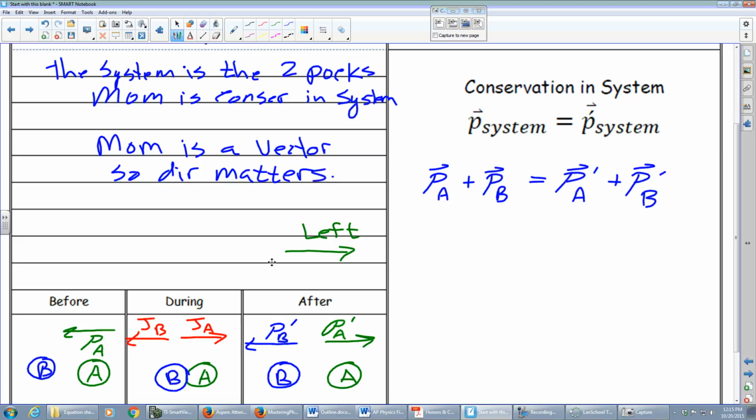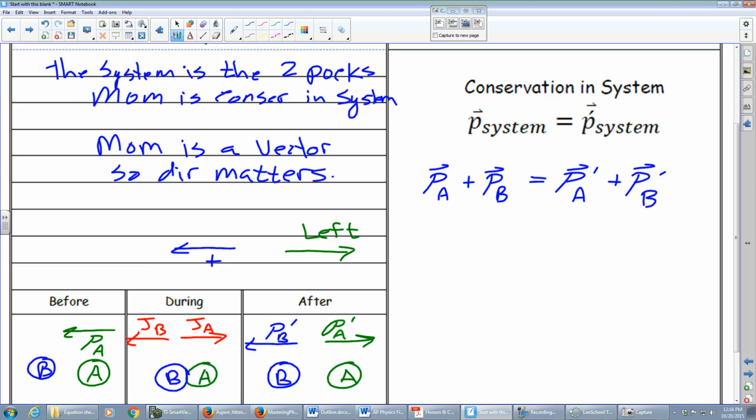I'm going to call to the right here as positive. We'll make to the right positive and to the left negative. So my momentum of A beforehand is going to be positive because it's pointing to the right.